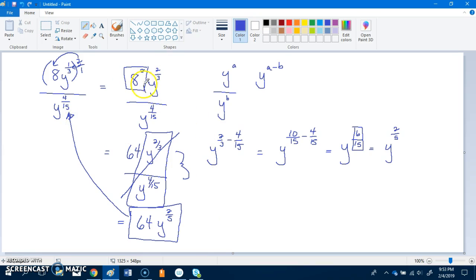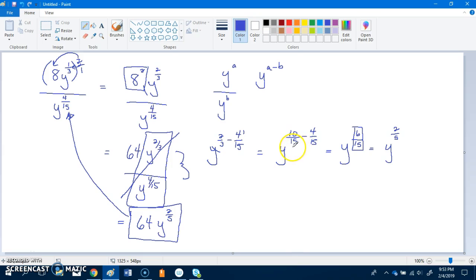So the first thing again was to apply that 2 to everything inside the brackets, which we did. Then we simplified 8 to the power of 2 to give us 64. Then because we had like bases, when you're dividing like bases, you just subtract the exponents, so 2/3 minus 4/15.